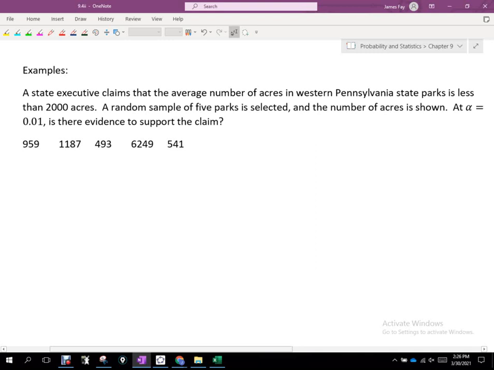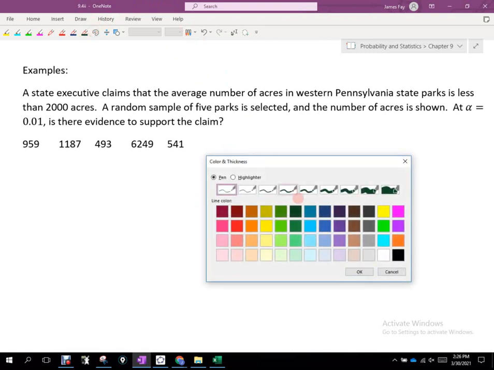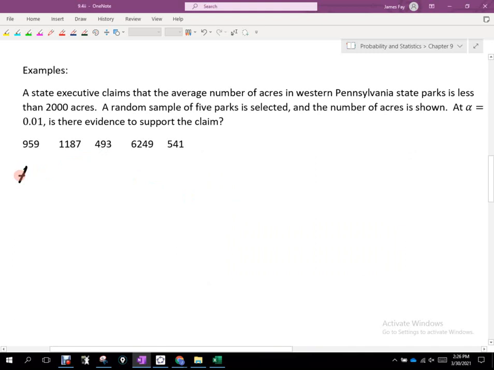A random sample of 5 parks is selected and the number of acres is shown. With alpha equaling 1%, is there evidence to support the claim? So write our hypotheses. H sub 0, H sub 1.